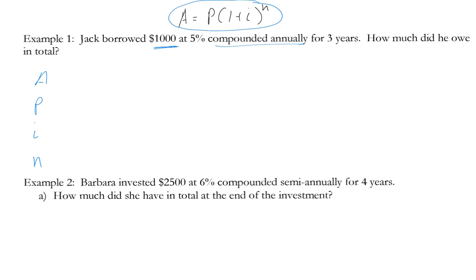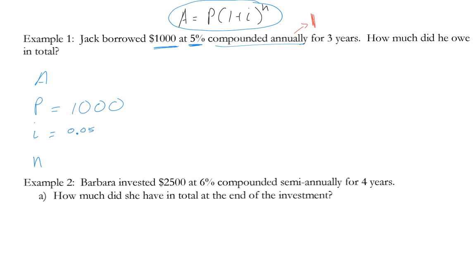Okay, so in order to start this, you have to figure out how much we are starting with. In this case, we start with $1,000, right? Now, when we compound annually, it means there's 1 time in 1 year, right? So when we take a look at this 5% being compounded, this i value is just 5% as a decimal, which is 0.05.